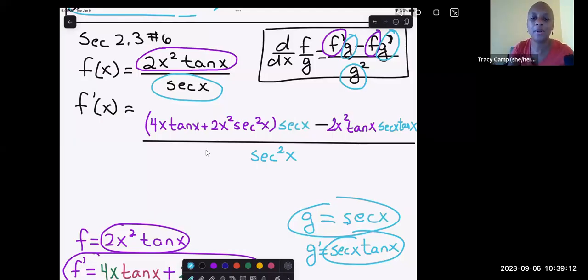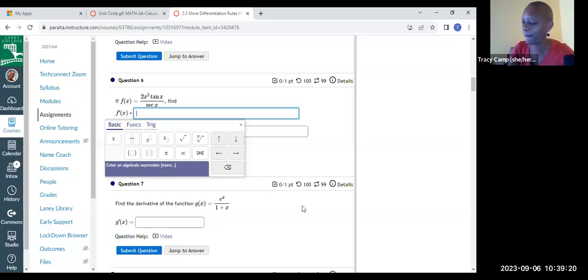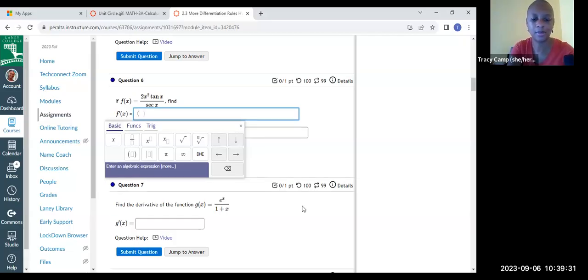But I'm just going to type it all in as it is. Or maybe, you know what, maybe I will combine my tangent of x's. You could also distribute that secant of x if you want, but I won't. I'm just going to type everything in.